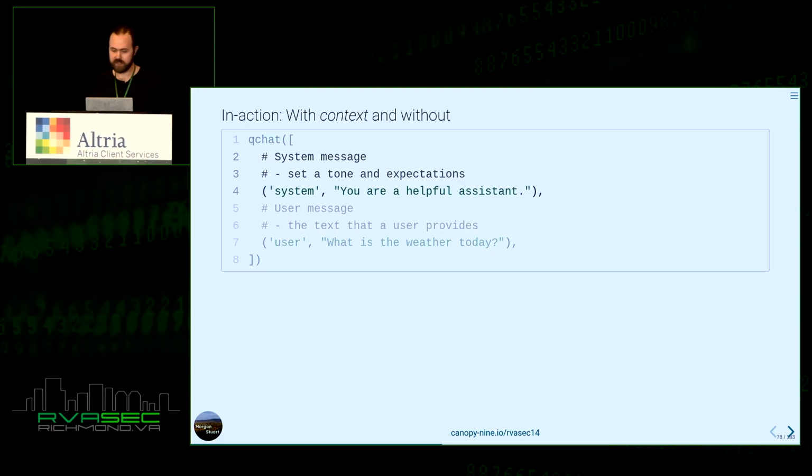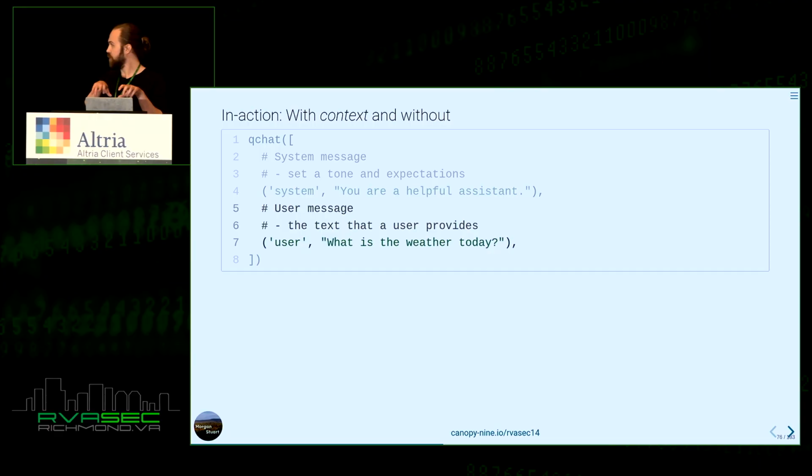In this case, we give the system message saying you are a helpful assistant, because this is an instruction-tuned model, remember? It's been fine-tuned to follow instructions, to listen to this system message, this God mode sort of message.